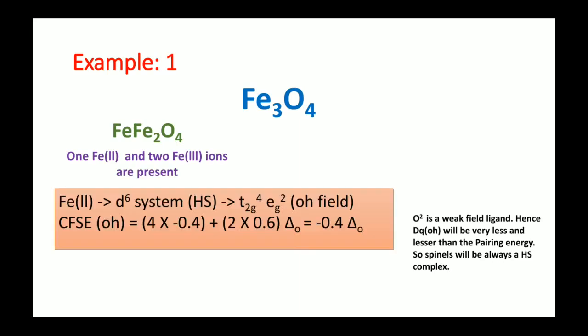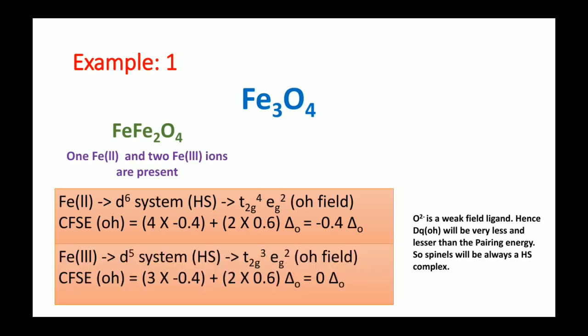For the Fe2+ ion it is a d6 system, and for high spin d6 it will be t2g4 eg2. In the octahedral field each t2g electron will contribute minus 0.4 and each eg electron will contribute plus 0.6, and if we calculate we will get minus 0.4 delta O. For Fe3+ it is a d5 system and the electronic configuration is t2g3 eg2, and hence the CFSE is 0.